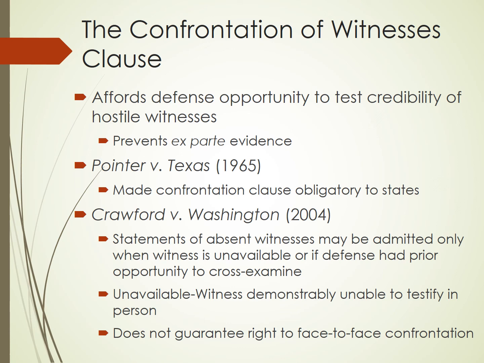Sometimes the defense will have had opportunities to cross-examine a witness previously, and then they can bring that testimony in. So an unavailable witness means a witness who is demonstrably unavailable or unable to testify in person. So this can be somebody who's dead, somebody who has a marital exception, and sometimes children.